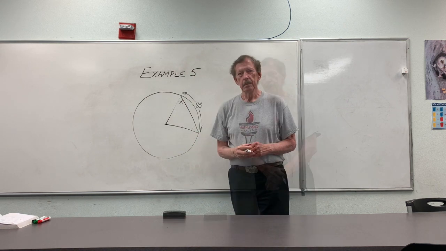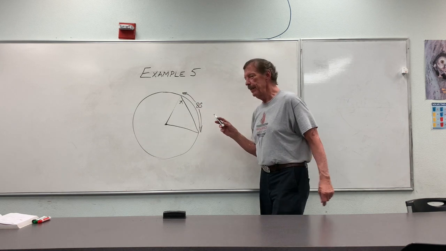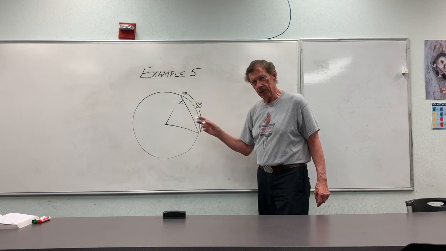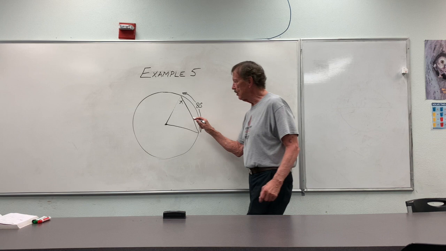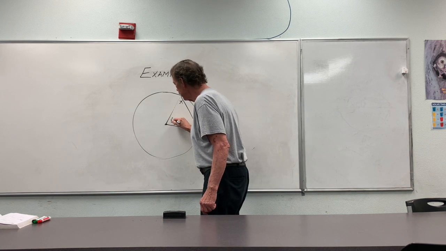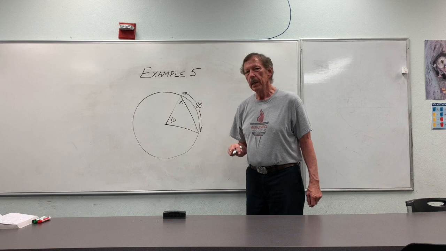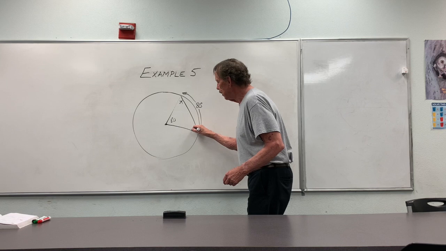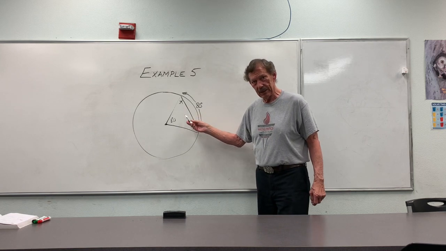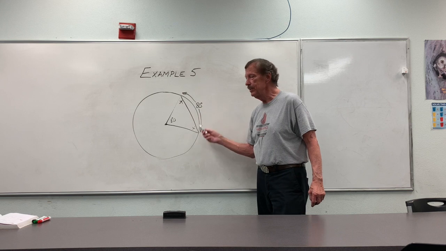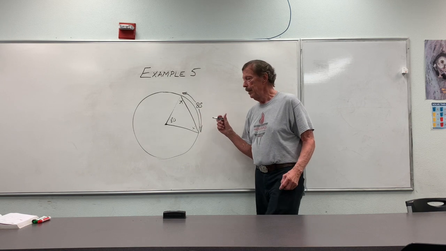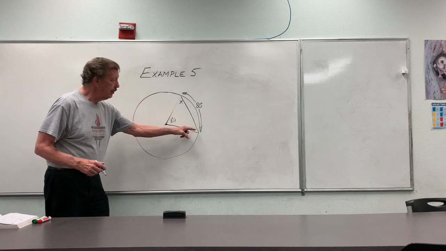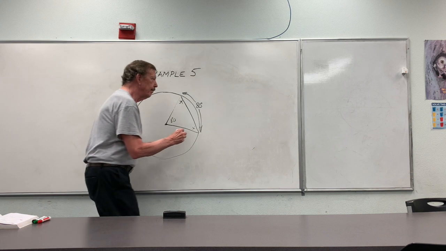Got that? This picture in example 5 asks for you to recognize this arc is equal to the central angle. So the central angle is 80. And in this picture, you need to realize that these are equal because that's an isosceles triangle. So both of these angles are equal. The angles sum in a triangle to 180.